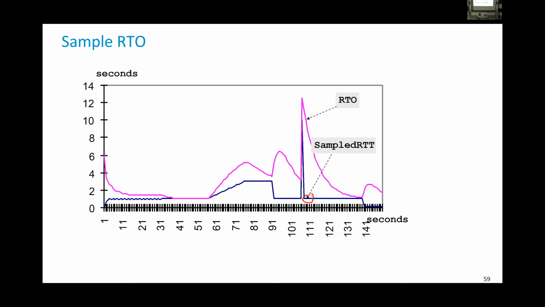So the TCP sender will do this and will make sure that with very large probability, the RTO will always be larger than the round-trip time and not much larger. So that if you're in a smooth case like here, you have a very good estimate that allows you to time out exactly when necessary. When necessary is a bit after the round-trip time.